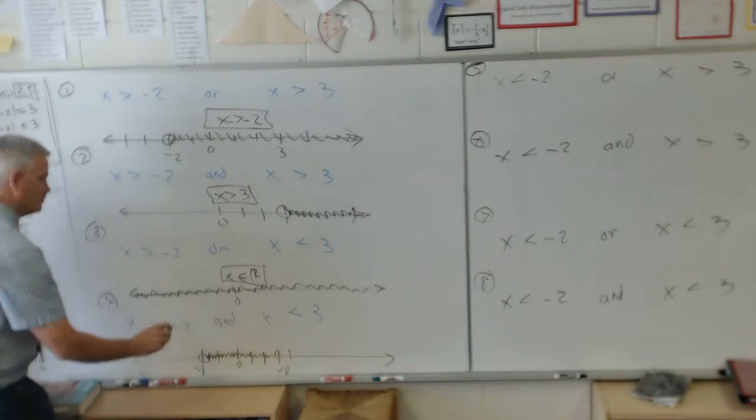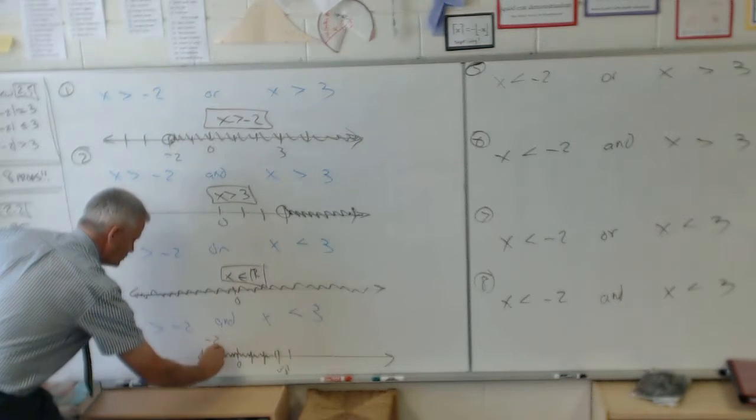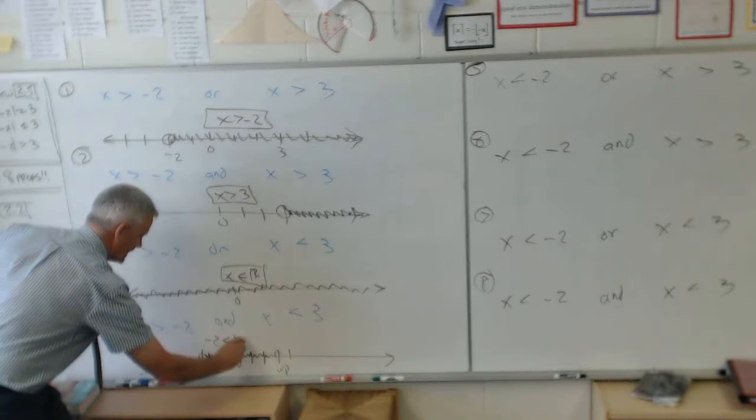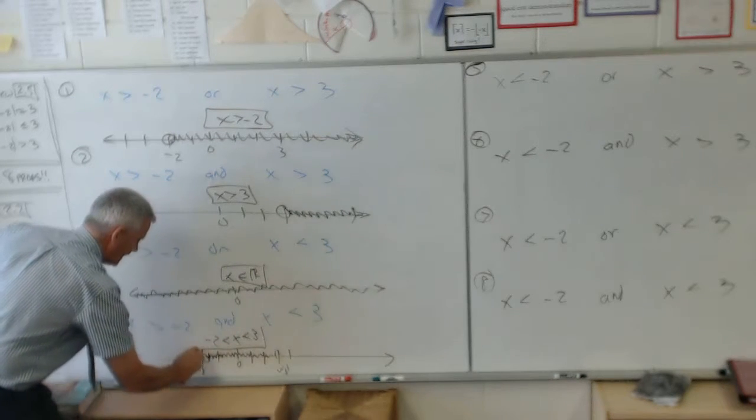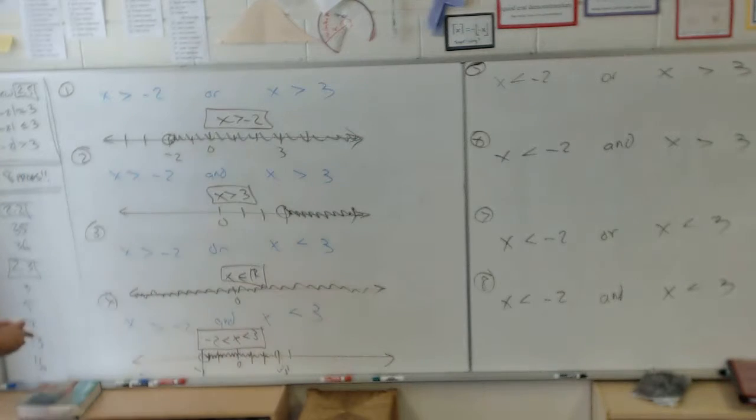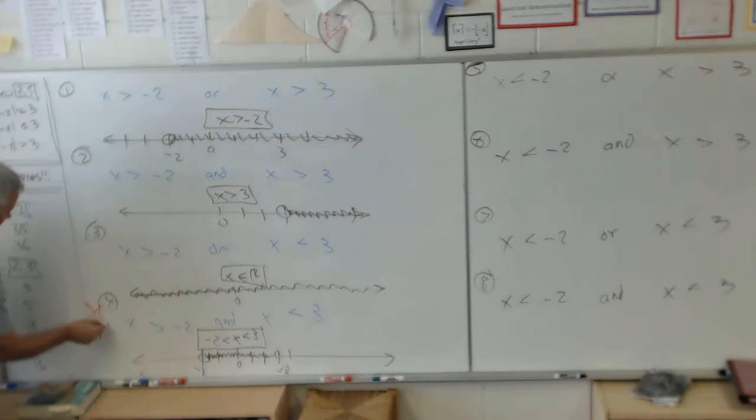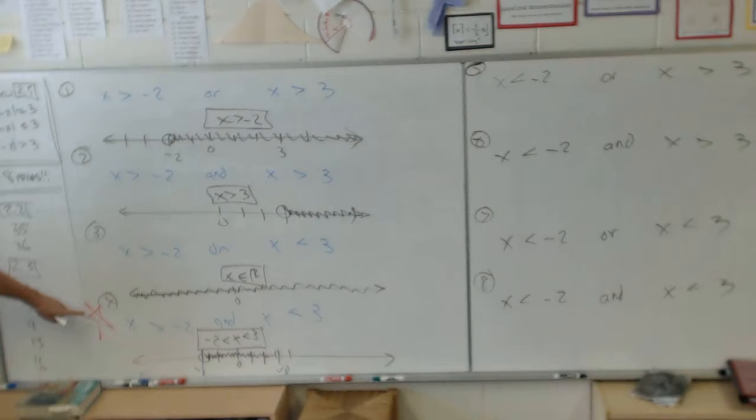So we write that algebraically with the between notation. -2 is less than x is less than 3. That's how we write between problems. So I'm starring this one because that's a real common problem to be asked. 2 of these are common, the other 6 are not common. This is one of the common ones.